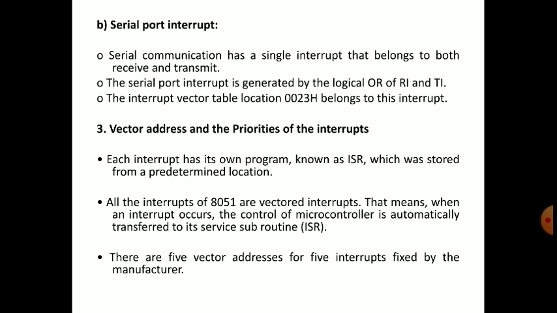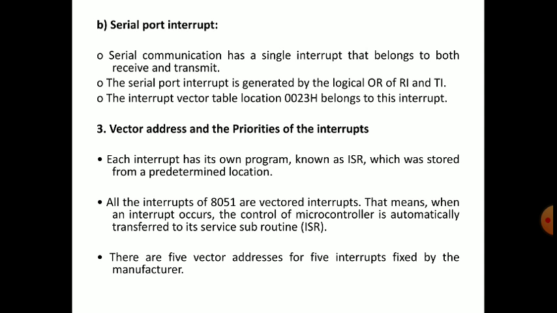Serial port interrupt. Serial communication has a single interrupt that belongs to both receive and transmit, RI or TI. In the previous slide we have seen RI and TI. The serial port interrupt is generated by the logical OR of RI and TI.